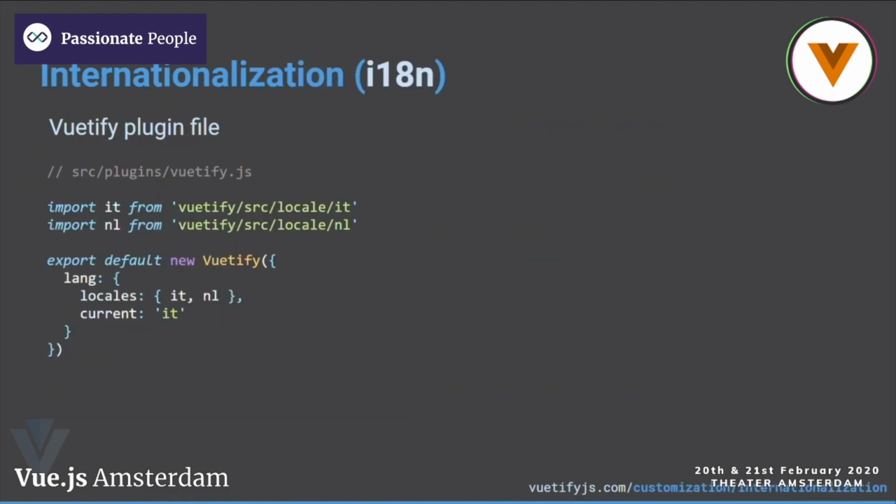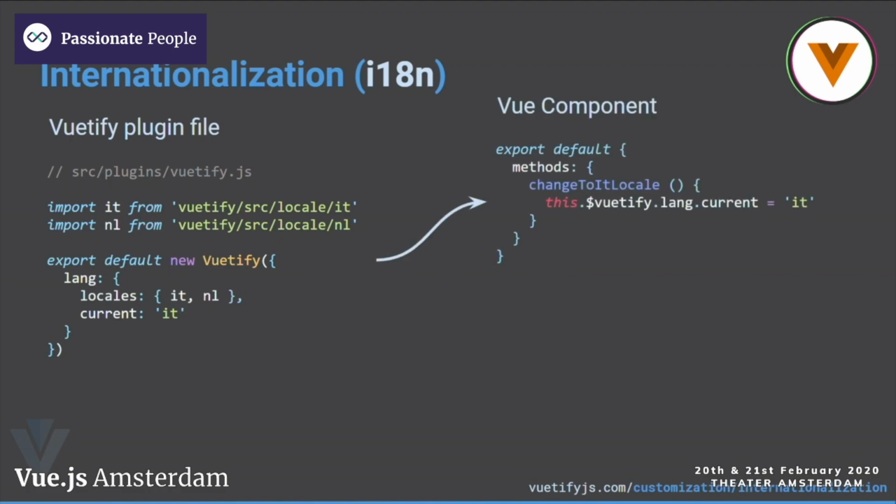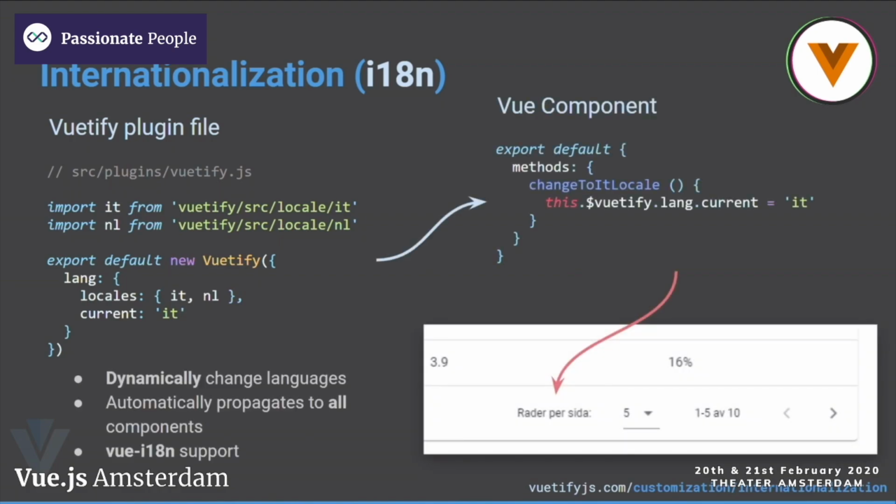So internationalization, now we've always kind of had this, but we've continued to expand. I believe we're over 30 languages right now, and this is for the default components within Beautify. And with version 2, we made it really easy to be able to do things like dynamically change your language on the fly, and be able to have all of your components and all of your stuff just automatically update.